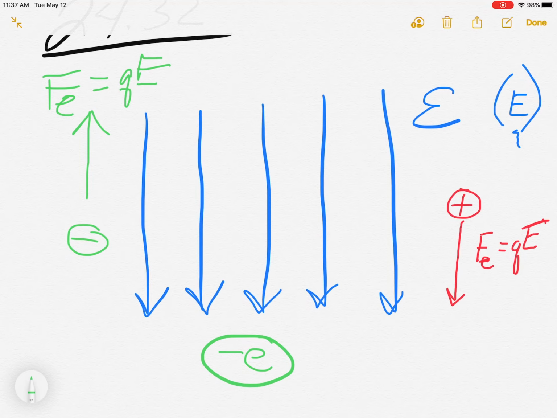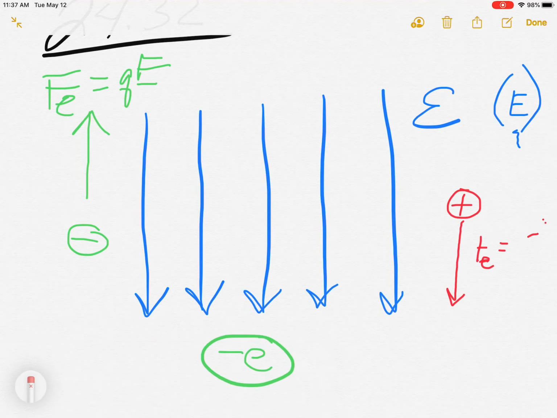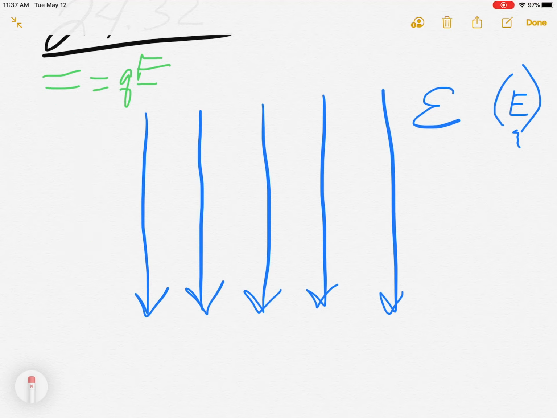They go against the field. And here we have an electron, or an object that has the same charge as an electron, negative E, remember, E is the fundamental charge of an electron. So, in other words, it's going to experience an upward force. Okay, now these arrows I've drawn are the directions of the forces, not the direction the particle is moving.